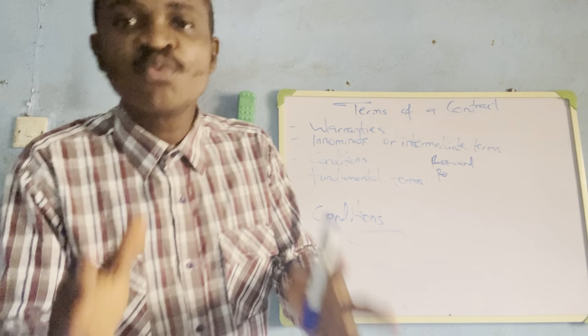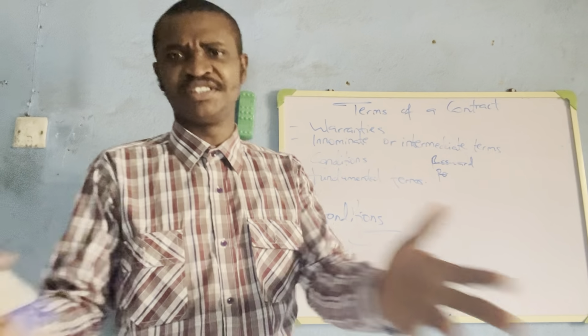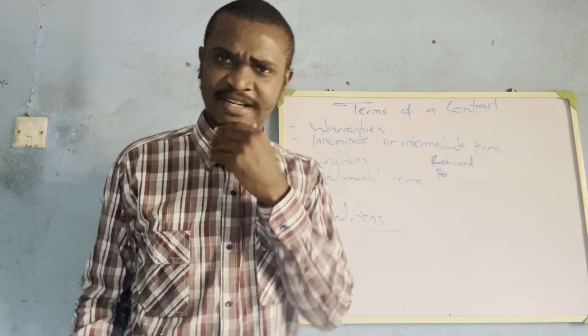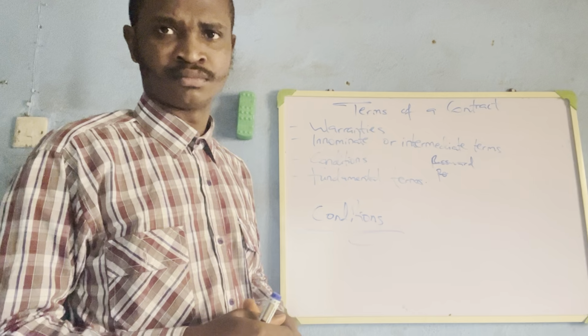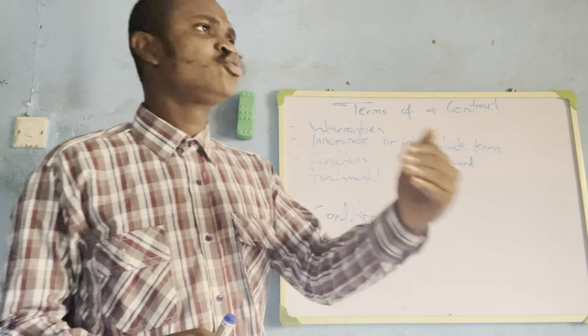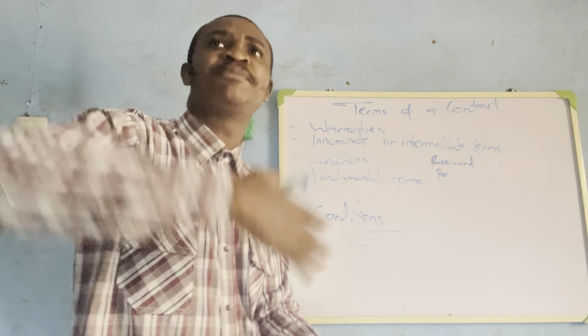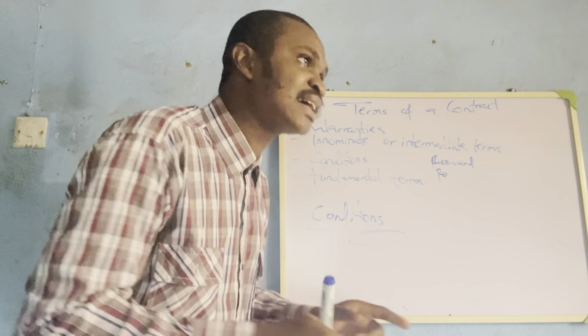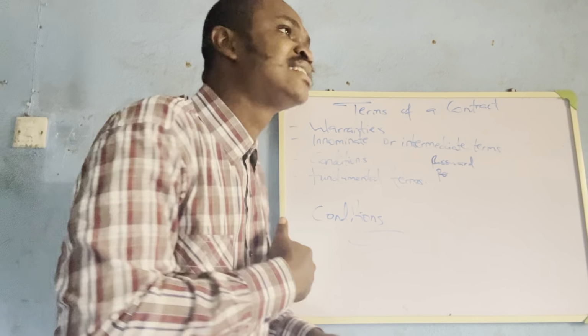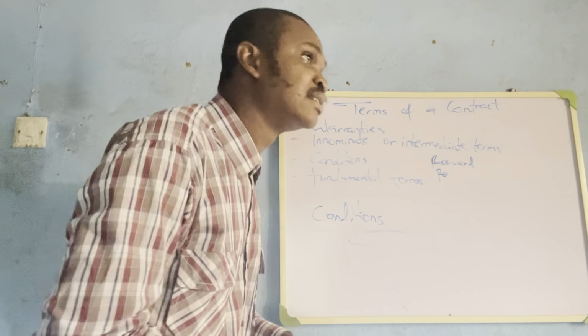But before we talk about the one that we will concern ourselves with, let us first explain the ones I've mentioned. What is condition precedent? Now you want to perform a contract or you want to enter into a contract, but that contract cannot be entered into because there are some things that should be done that have not been done. You know what I'm saying? So you want to buy a particular piece of land, but the condition you have put for you to buy that piece of land is that the owner of the land clears the bushes or fences it.